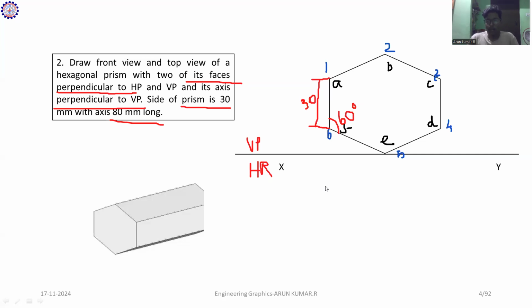I give different names and numbers because this is the top view of the given solid. First I have to project the line. This is called the imaginary line, very light and thin, not dark.